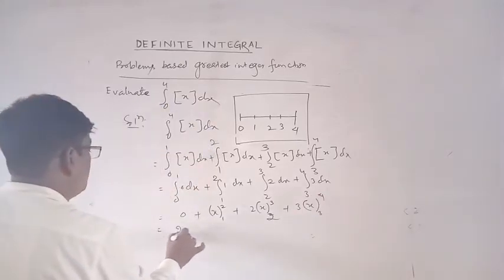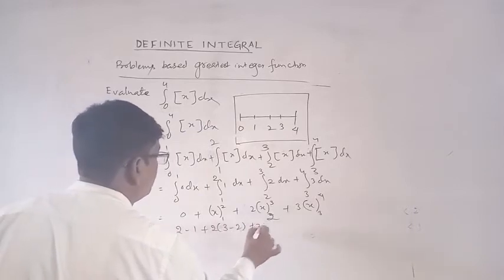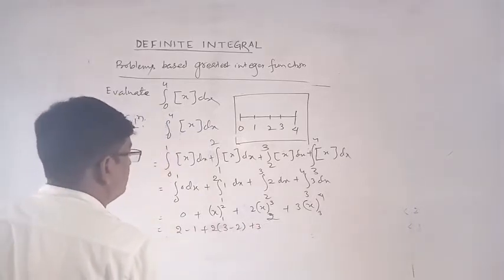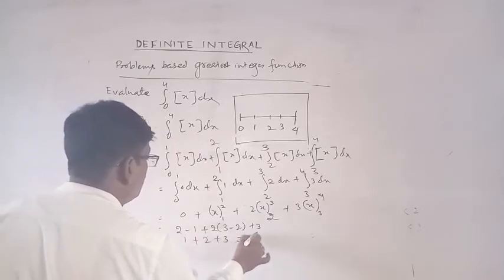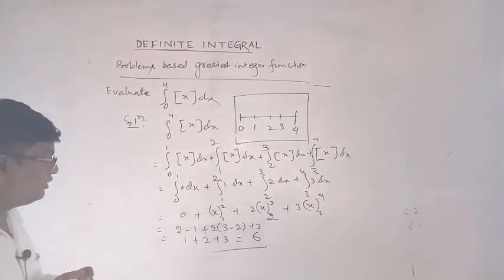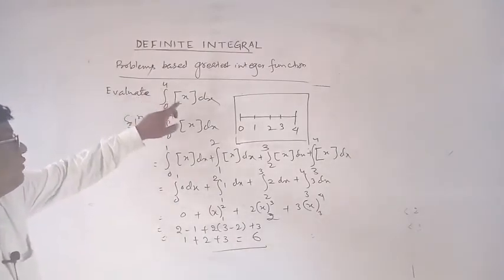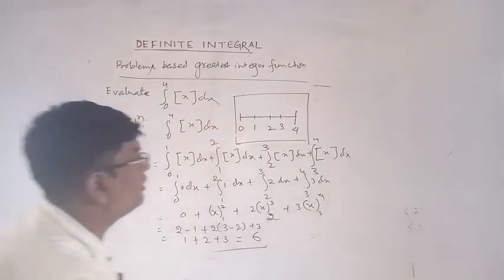So this is 2 minus 1 plus 2 into 3 minus 2 plus 3, which is 1 plus 2 plus 3, equal to 6. 6 is the answer. We observe that for 0 to 4 we got 1 plus 2 plus 3.